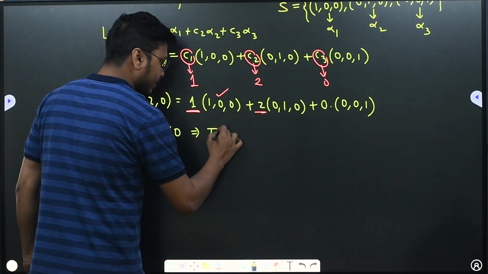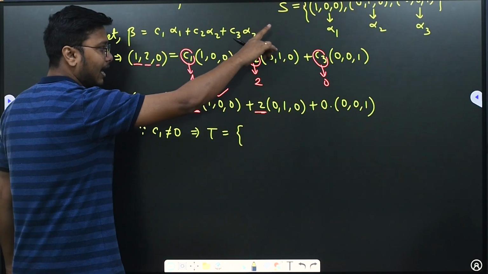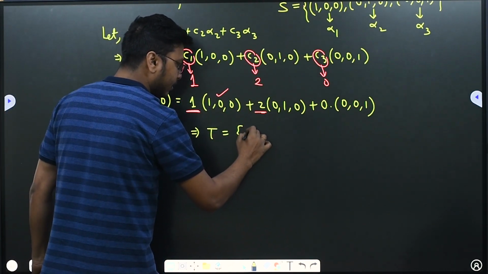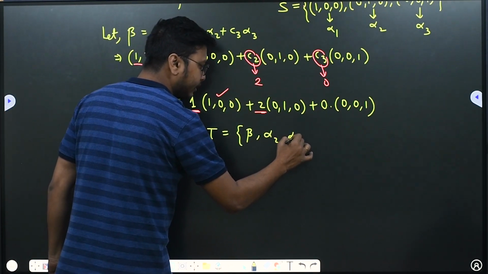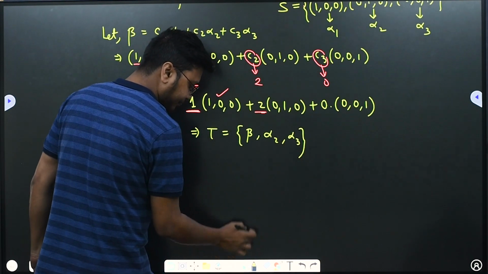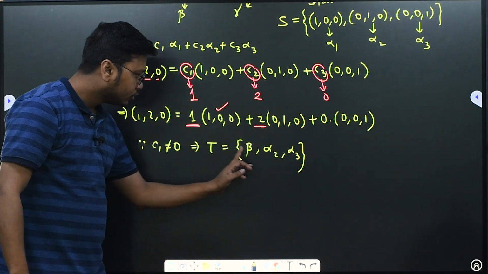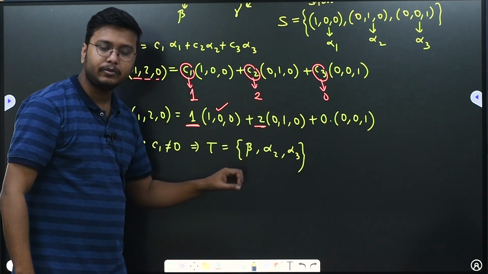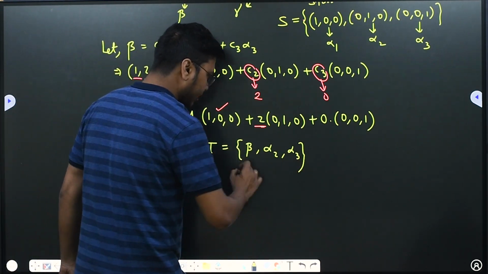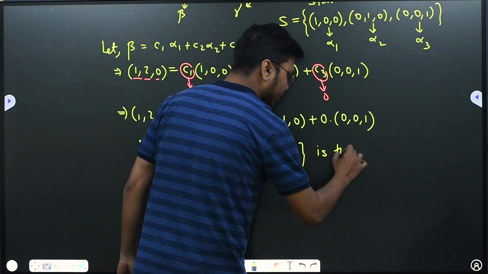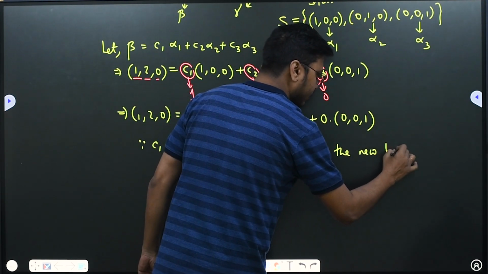Let me call the set T: I am replacing alpha 1 by beta, and alpha 2 and alpha 3, which are (0, 1, 0) and (0, 0, 1), remain the same. So by the replacement theorem, this is going to be our new basis.